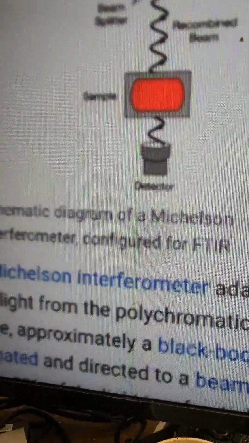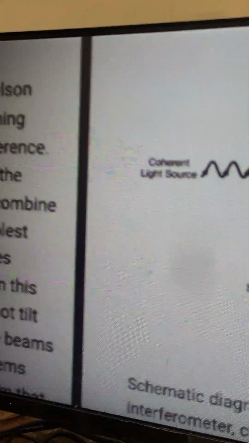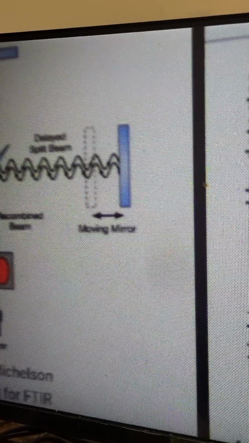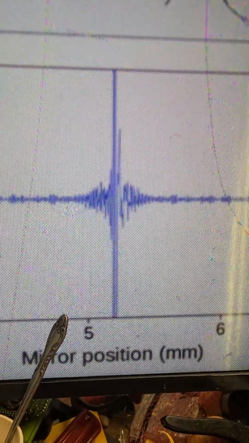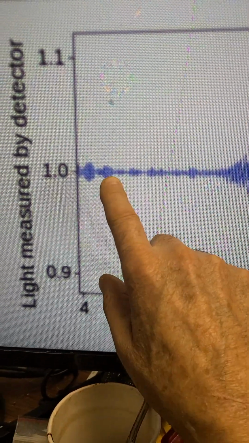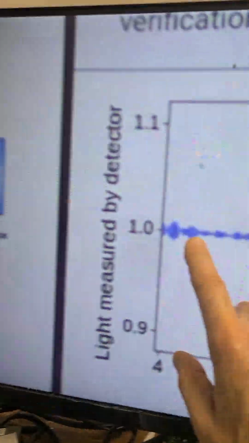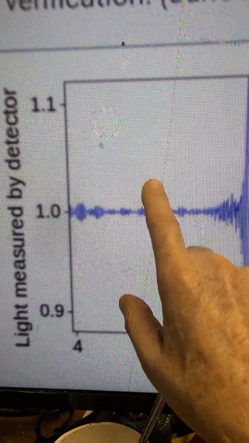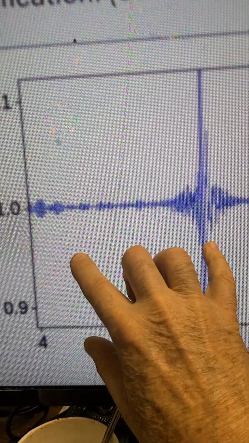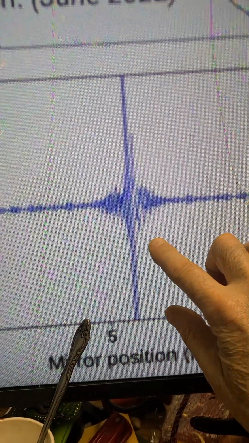Now, if a single frequency only was being broadcast, like a laser beam, through this mirror apparatus, and the mirror was moving, what you would get over here would be, from the get-go, constructive and destructive interference as you scan the distance.